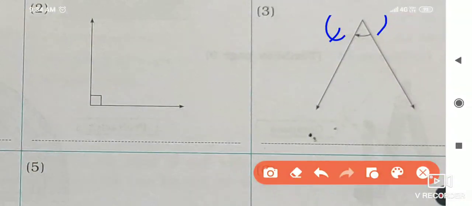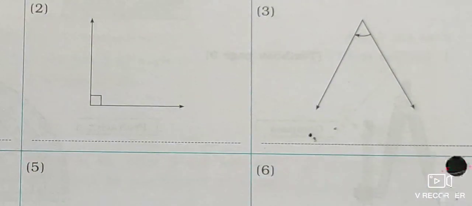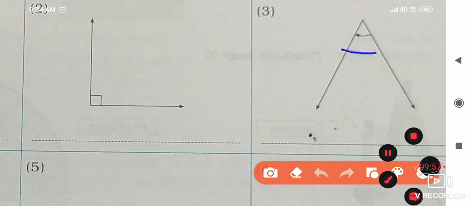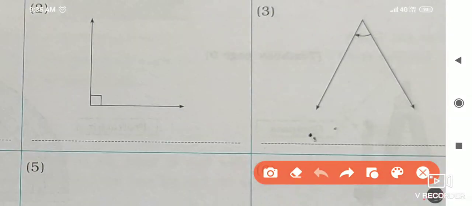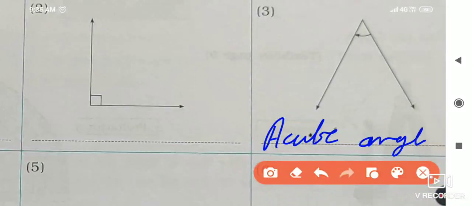We measure the arms inside this angle. So what is the measure of this angle? It is more than 0 and less than 90. So which type of angle is it? It is an acute angle.